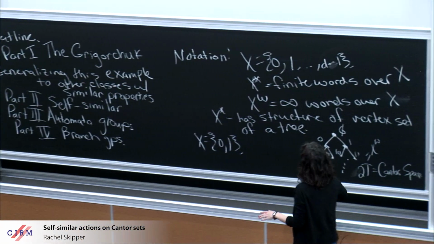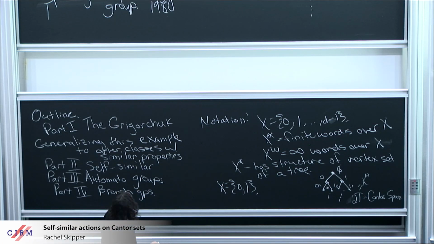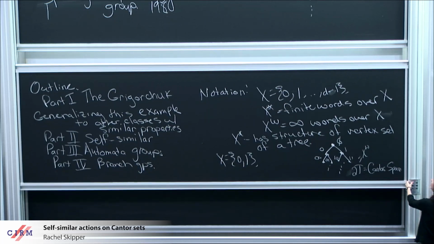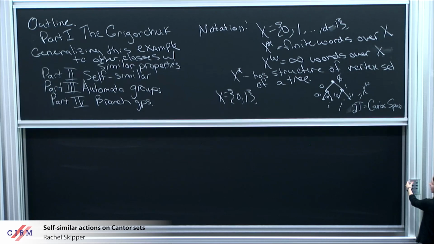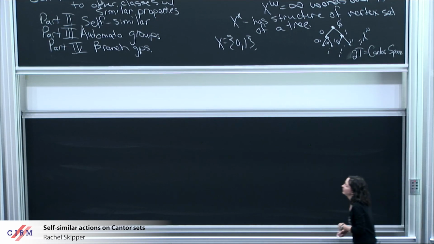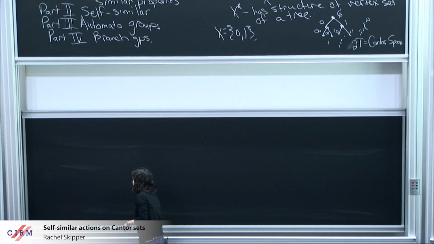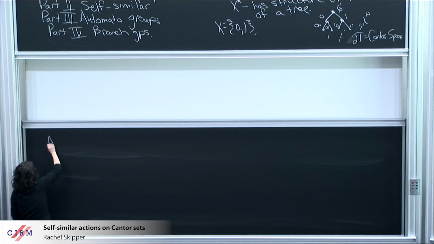All right, so here's our setup. Here are our rooted trees. So let's talk now about automorphisms of rooted trees and what they look like. We're going to be interested in groups acting on this.